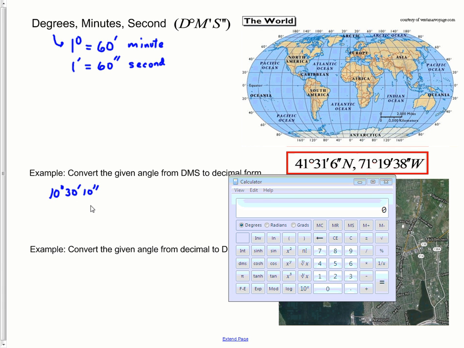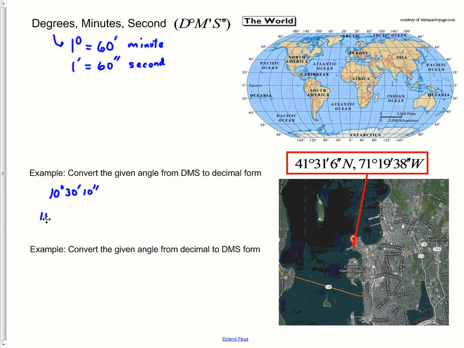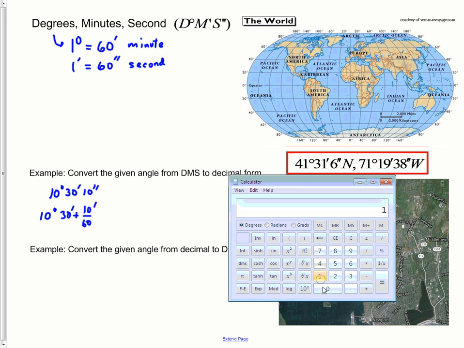To do this, we're going to treat this as 10 degrees, 30 minutes plus 10 sixtieths of a minute. So we divide by 60. On my calculator, I divide 10 by 60. 10 divided by 60 is going to give me 0.167 repeating.